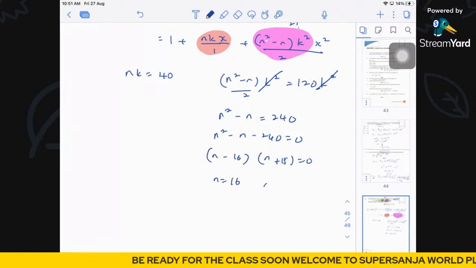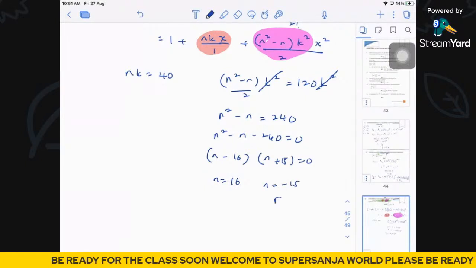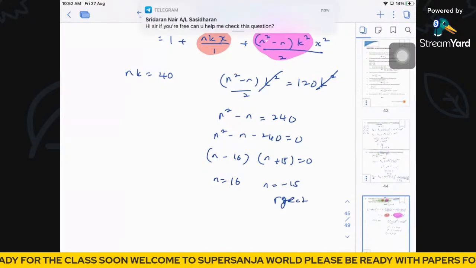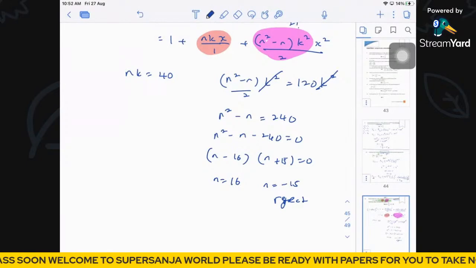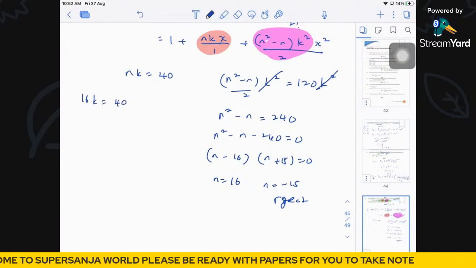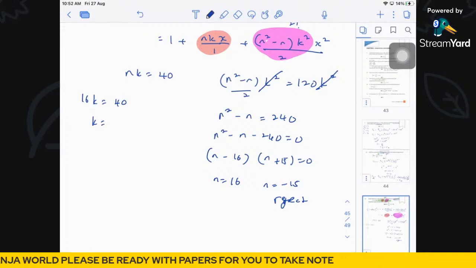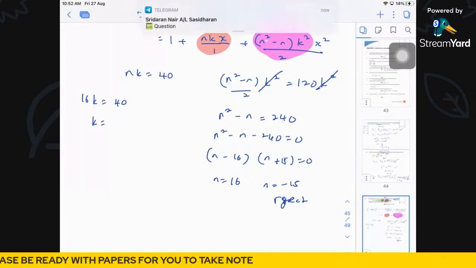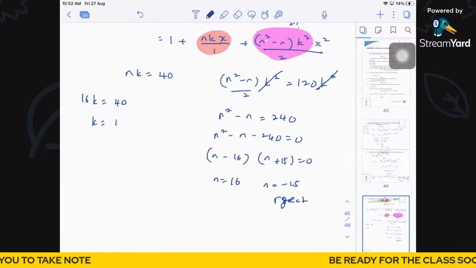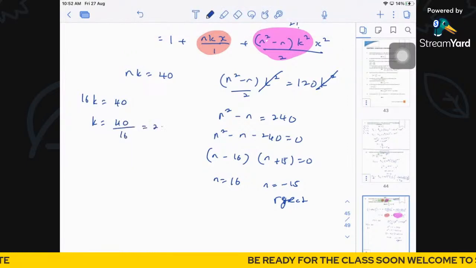So n equals 16, n equals negative 15. Reject. If you reject that, you put n equals 16 there. 16k equals 40, so k equals 40 divided by 16. Yes or not? So 40 divided by 16 is going to give you 2.5.